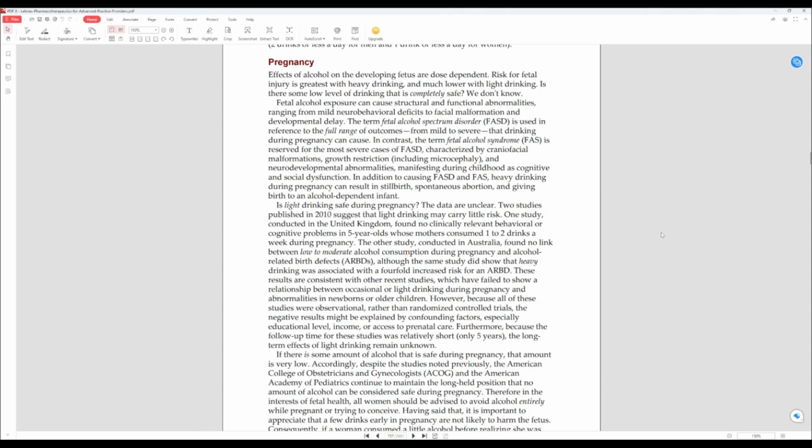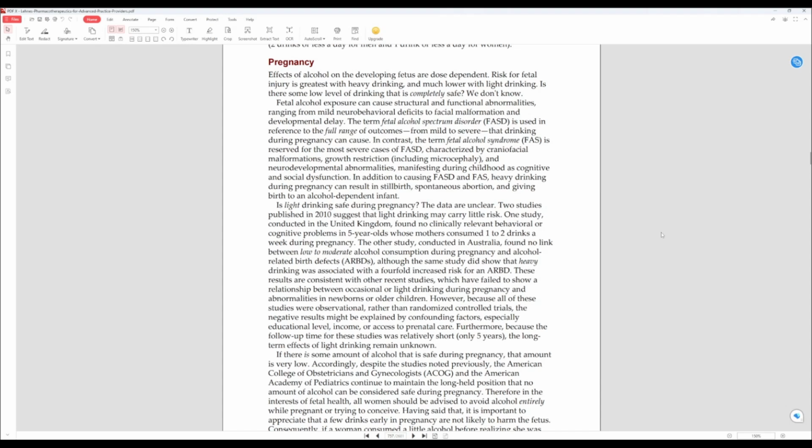Fetal alcohol exposure can cause structural and functional abnormalities, ranging from mild neurobehavioral deficits to facial malformations and developmental delay. The term fetal alcohol spectrum disorder, or FASD, is used in reference to the full range of outcomes, from mild to severe, that drinking during pregnancy can cause.